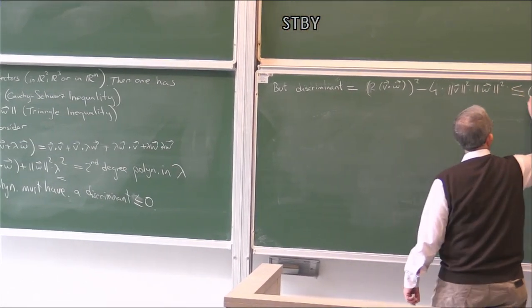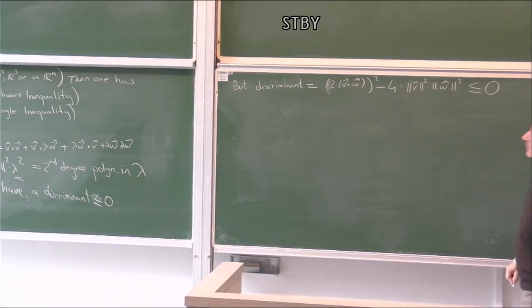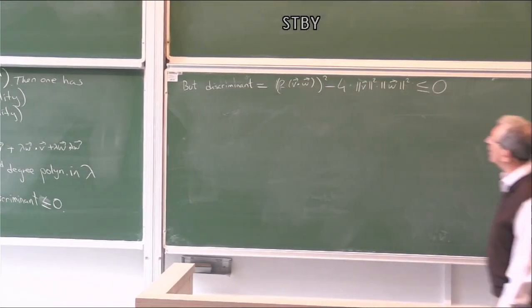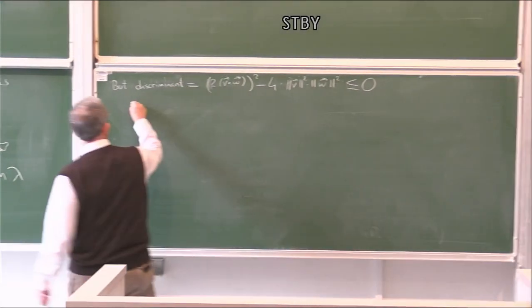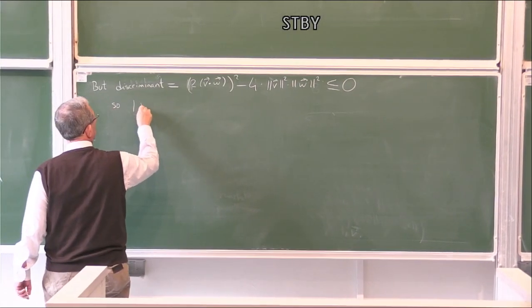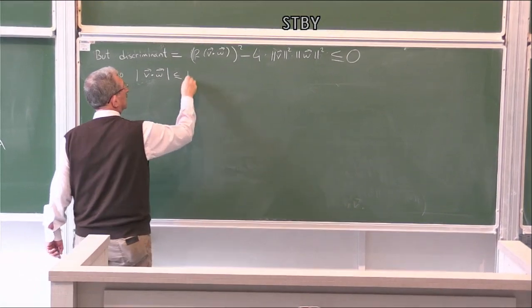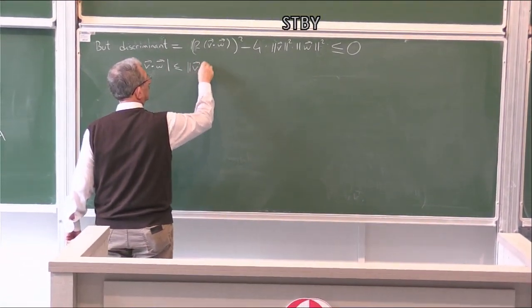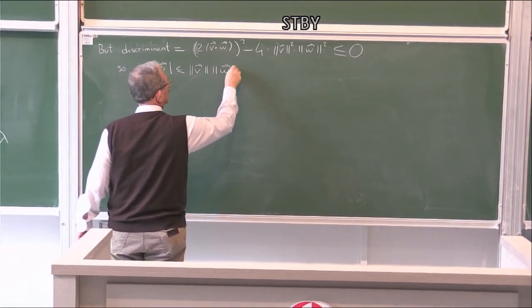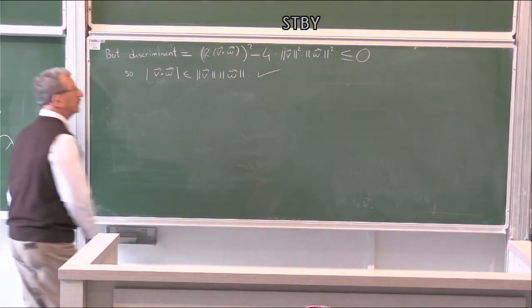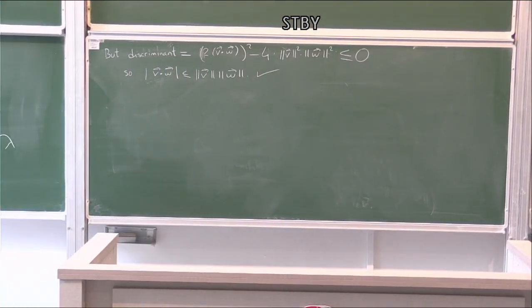And it is negative. This says that the absolute value of V dot W is less than the length of V times the length of W. So it finishes the proof.